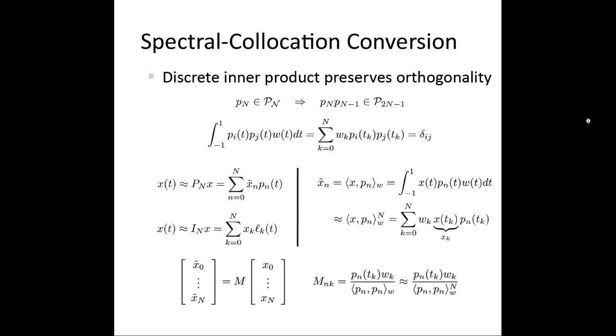So essentially, if we take the polynomial interpolant in the Legendre basis Pn of x, and we take the original Lagrange interpolating polynomial In of x, we can map between the coefficients of the Lagrange basis to the Legendre basis using this matrix transformation M.